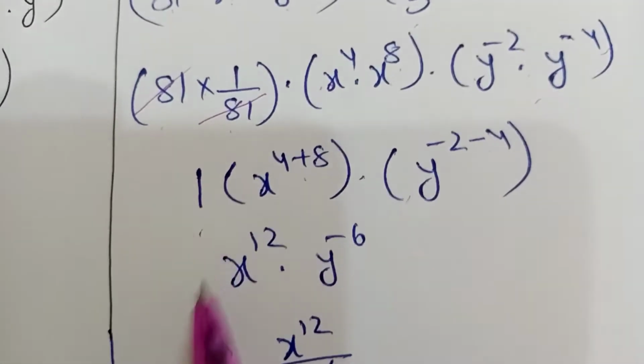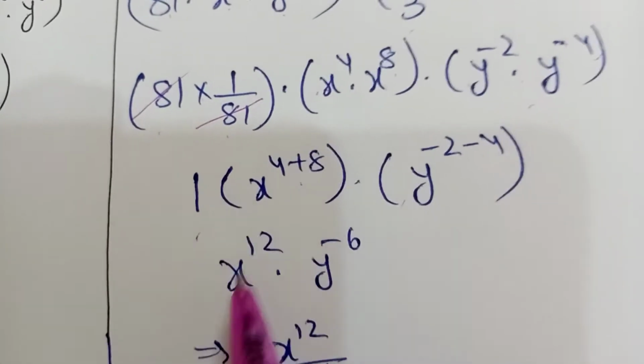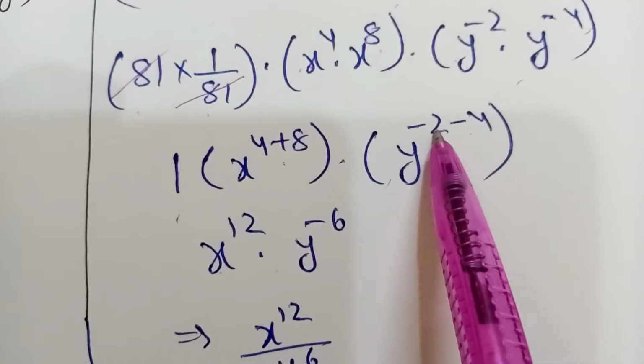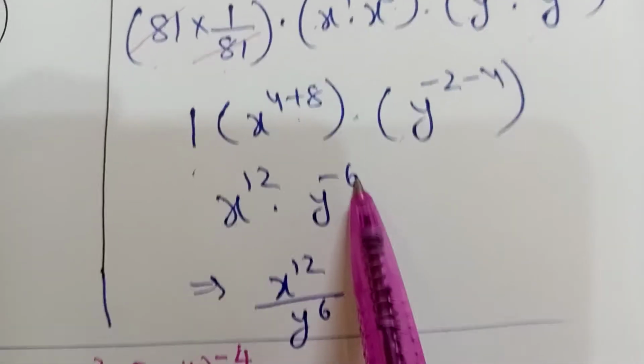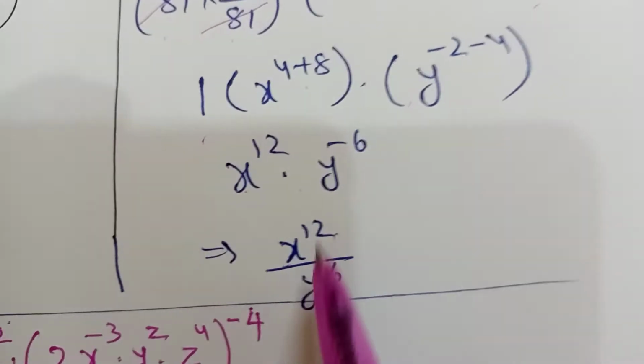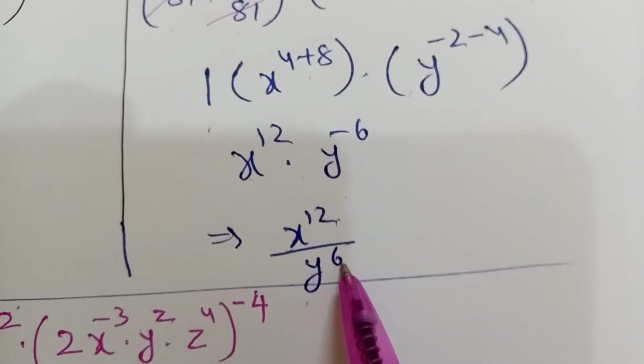So 1 into x 4 plus 8, 12, y power of minus 2 minus 4, minus 6. So x to the power of 12, y power of minus 6, minus means 1 by y power of 6.